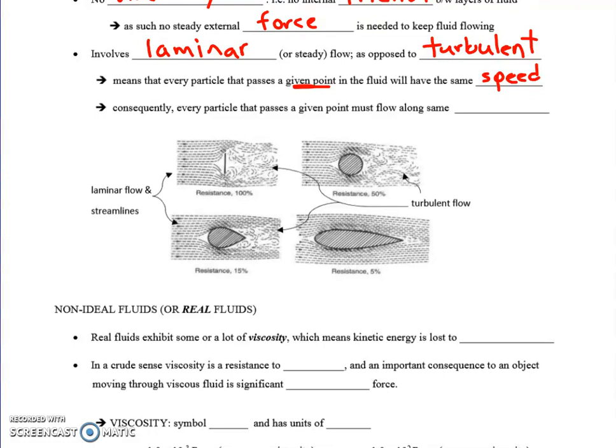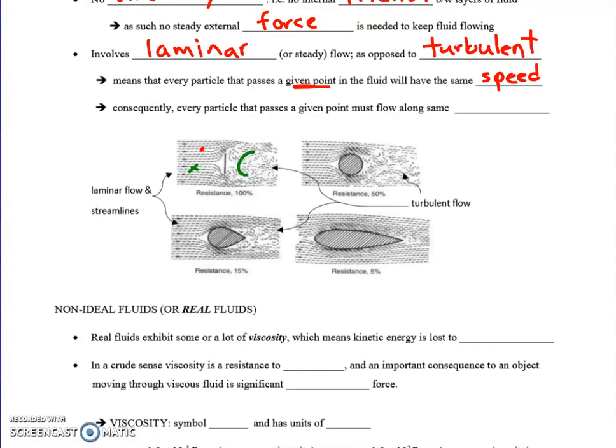Laminar means, let's say I choose a certain spot in a fluid, right there. Every particle that passes through that spot must have the same speed. And if I choose a different spot, let's say right here, okay, the particle that passes through here might have a different speed at the X versus the dot, but every particle passed through the X is going to have the same speed.